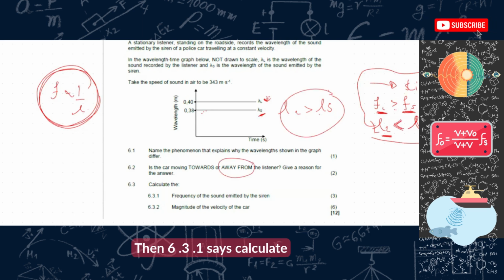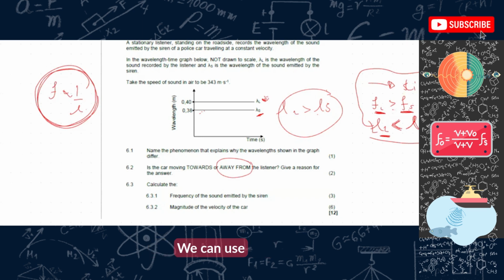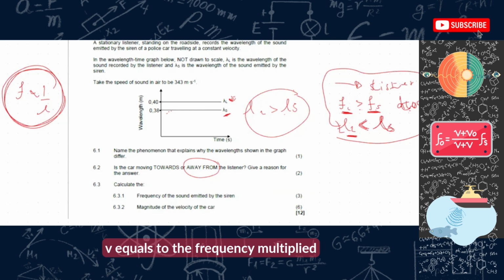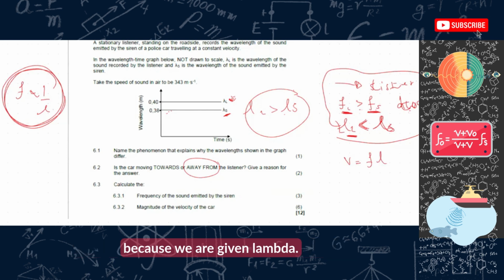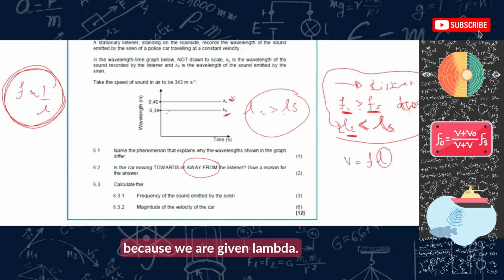Then 6.3.1 says calculate the frequency of the sound emitted by the siren. We can use v equals f times lambda. We use this equation because we are given lambda, we know the speed of sound in the air, and the only unknown is the frequency.